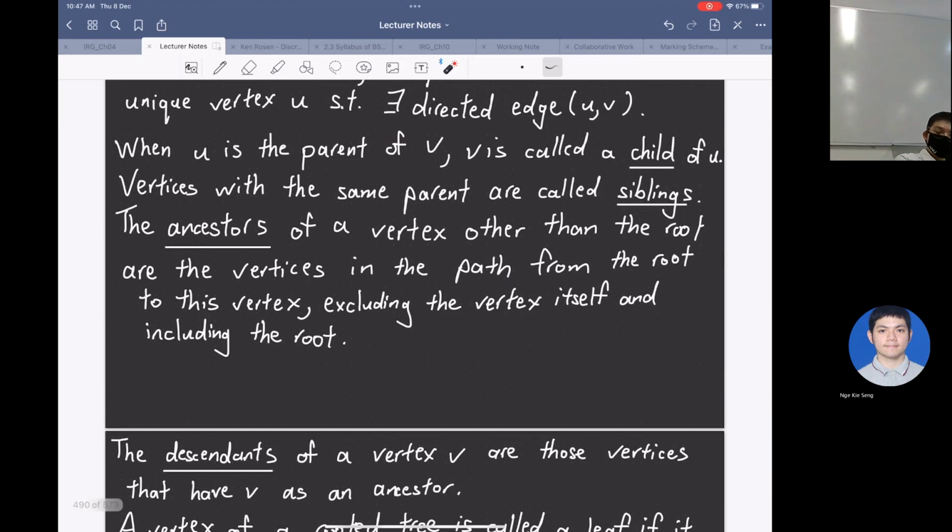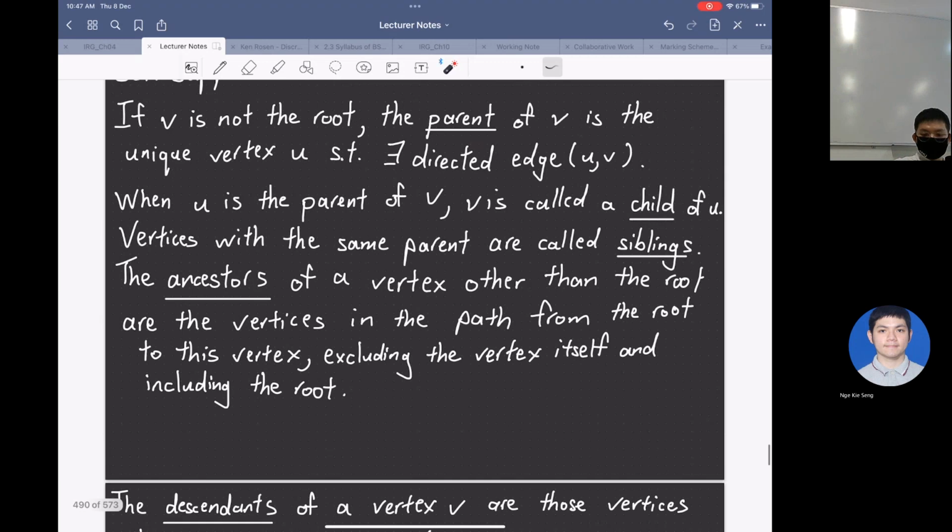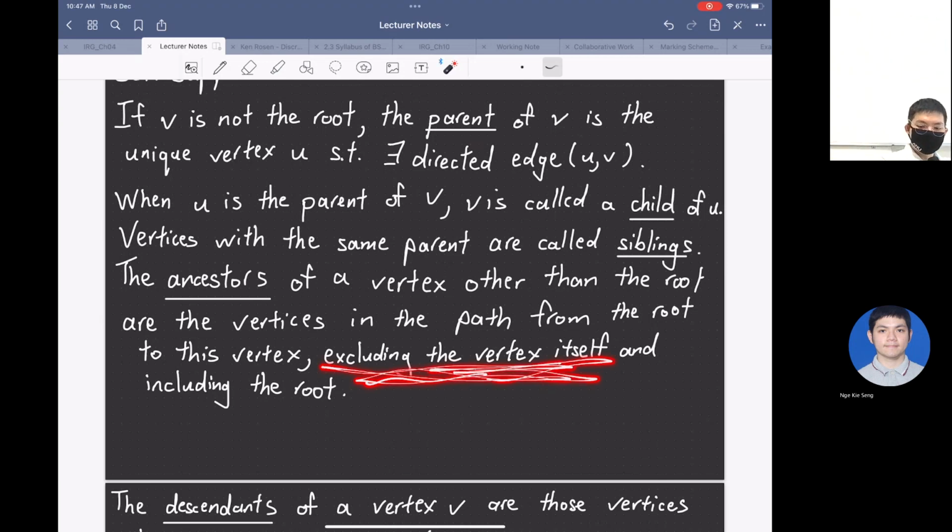You cannot be born of yourself. An ancestor is excluding the vertex itself. So the ancestor path is from the root to you, including the root but excluding the vertex.